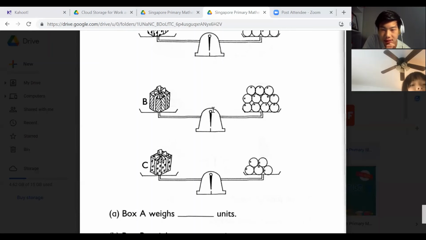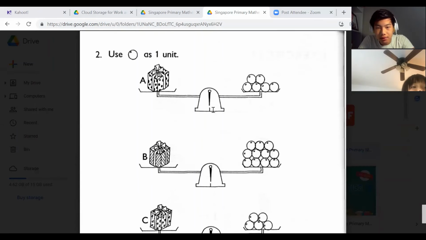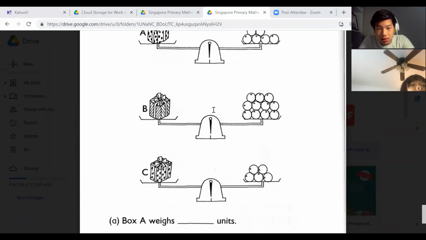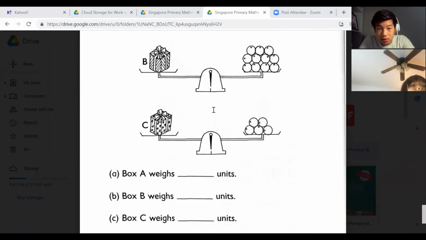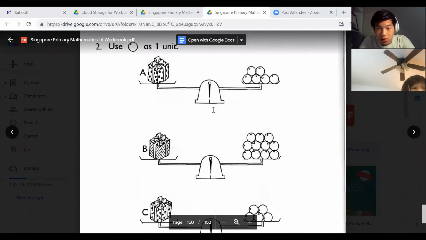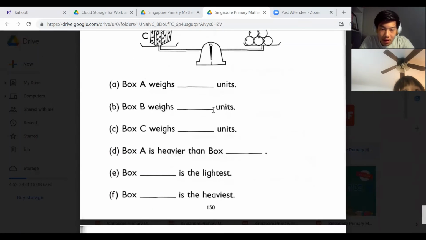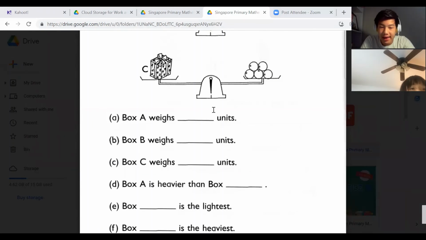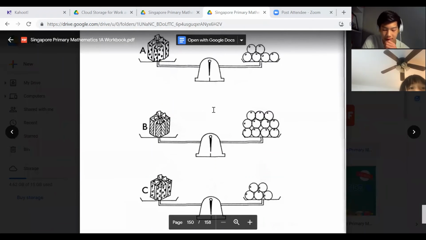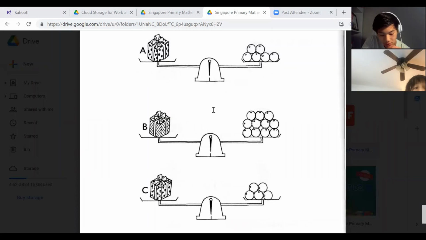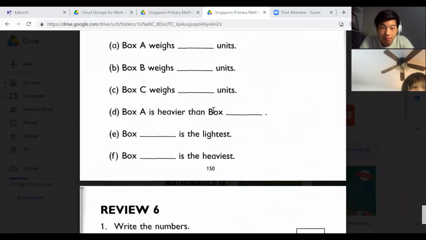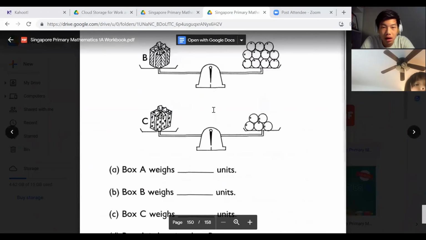Okay, and how much is C? 5. Perfect. Okay, so we have C is actually the lightest, and B is the heaviest. Perfect. And then box A is heavier than which box? C. Yeah, perfect.